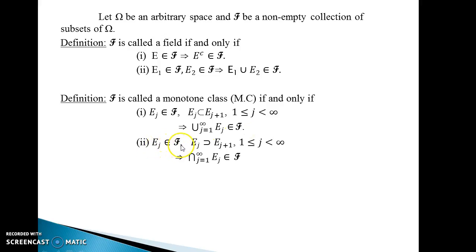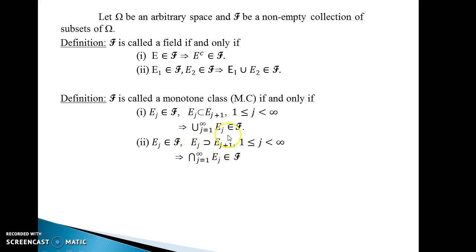The second condition says, if we consider a countable collection of decreasing sets, Ej contains Ej plus 1, which means the set E1 contains E2, E2 contains E3. That is, the sets are decreasing ones.